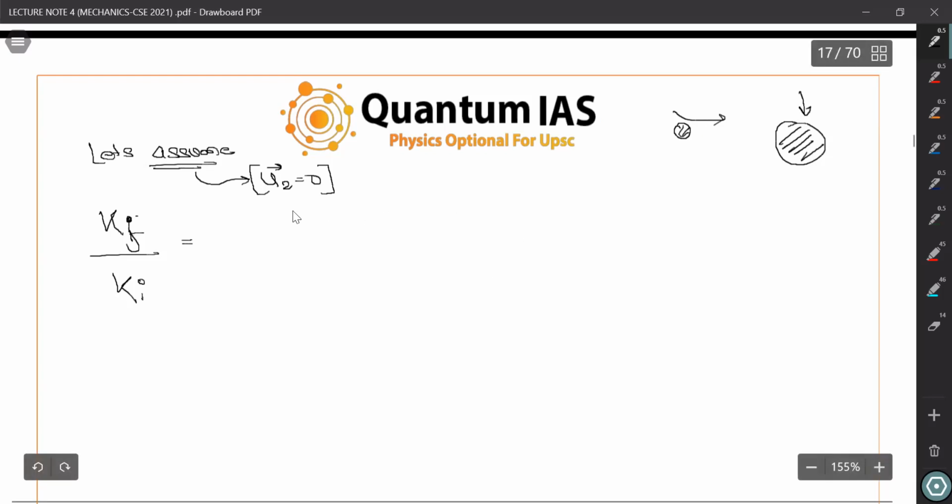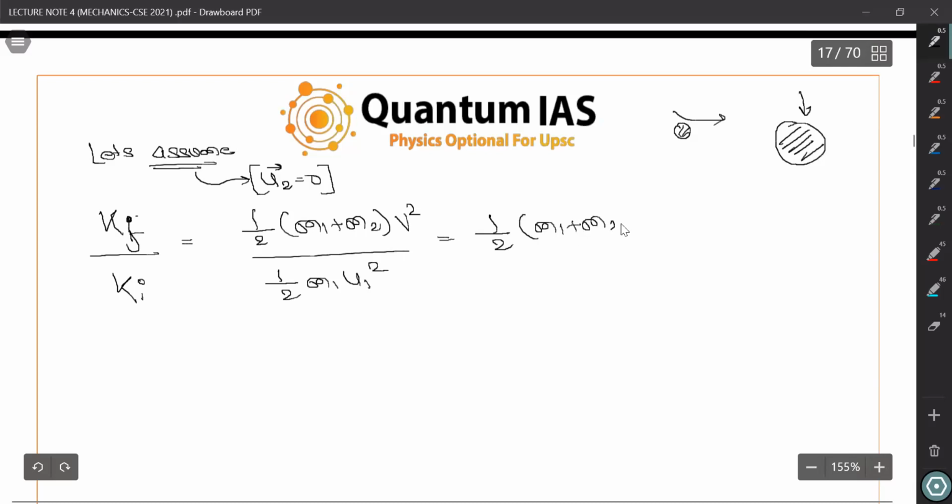So if you treat u2 as 0, the final energy will become half m1 plus m2 into v square, and here it will become half m1 u1 square. So it will become half m1 plus m2 upon half m1 u1 square, and for the v square you can use m1 u1 upon m1 plus m2 whole square. So cut these things, right?